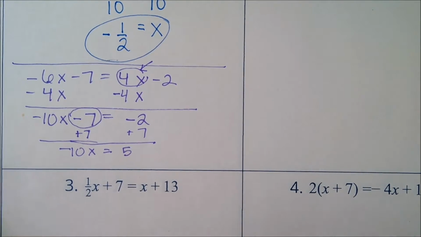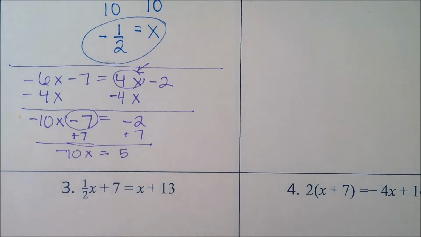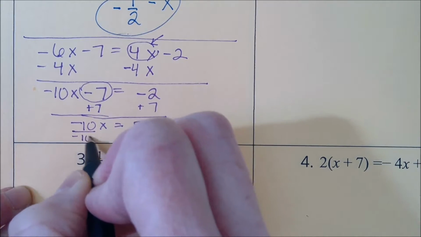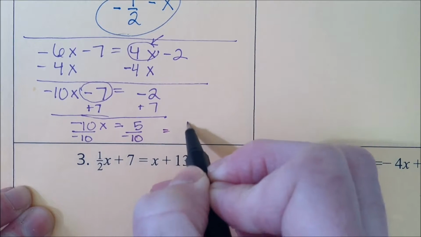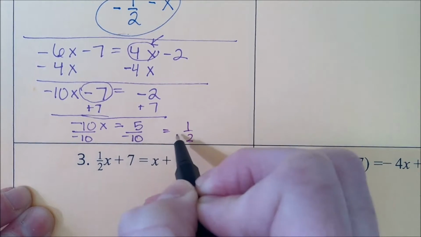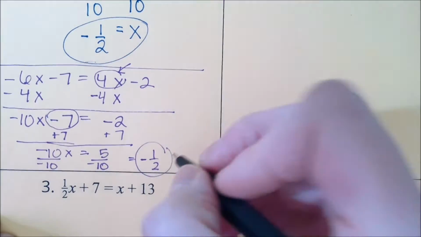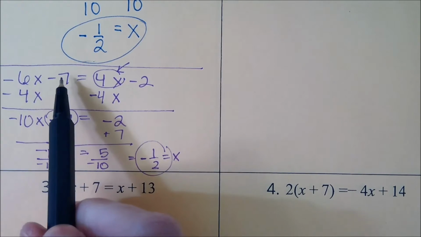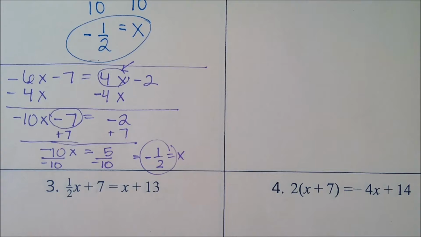Because remember, once I have variables on one side and numbers on the other, now I'm going to start breaking them into groups. So I would have to break this into 10 negative groups. 5/10 is 1/2. My fraction starts negative, so I've got to finish negative. And if you look, I got the same exact answer for x. So you could have chosen any of these 4 pieces to remove from that side of the hanger first. It's up to you.